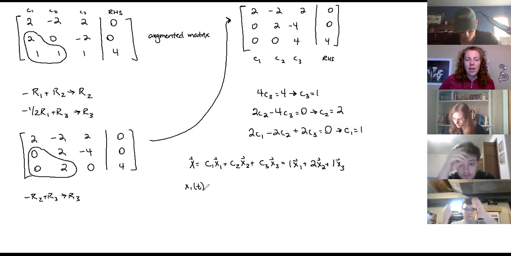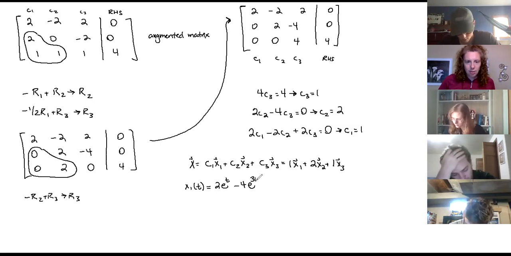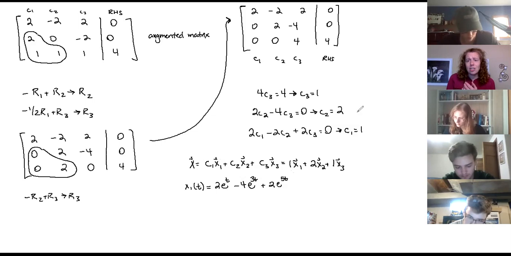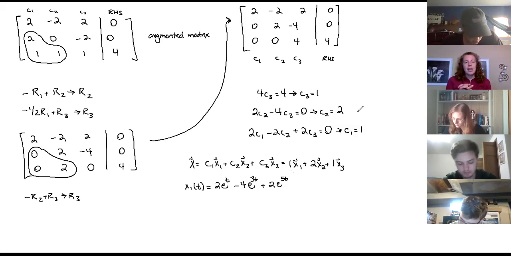So function x1 of t is 2 e to the t minus 4 e to the 3t plus 2 e to the 5t. I'm going to back up a slide just a second, show you where that's coming from, and also make sure that I did it correctly.